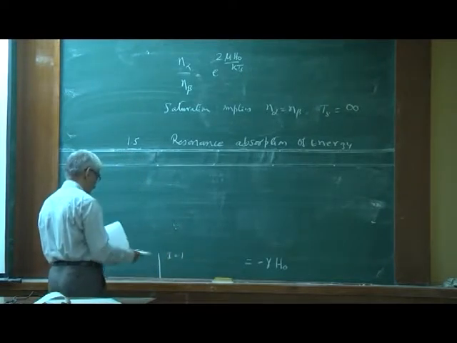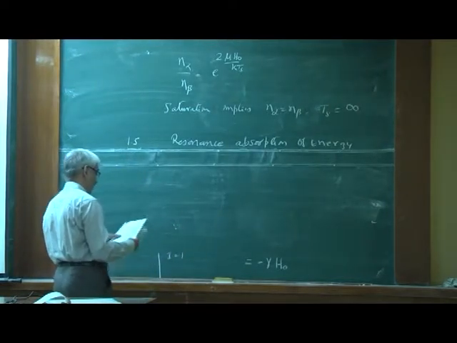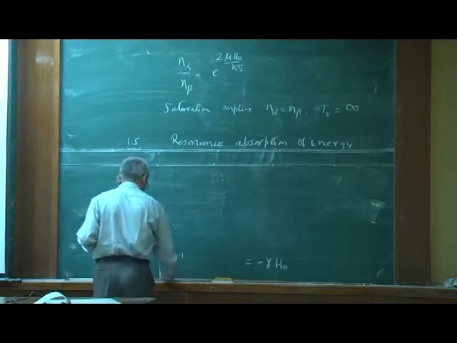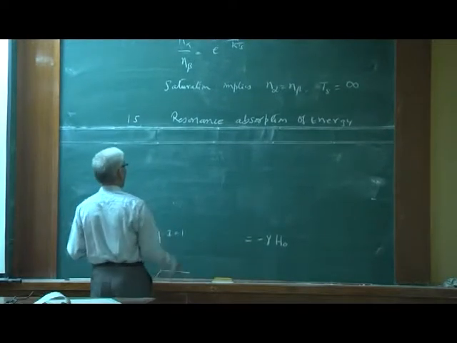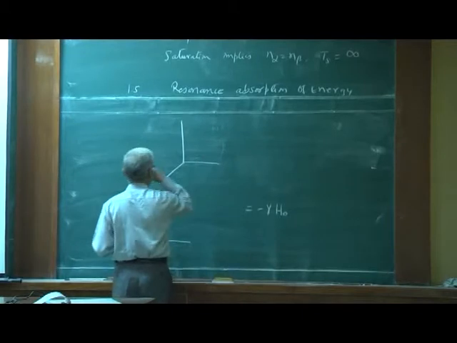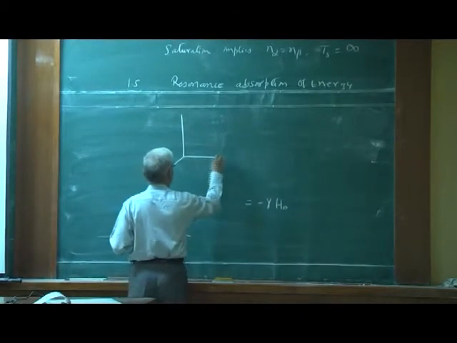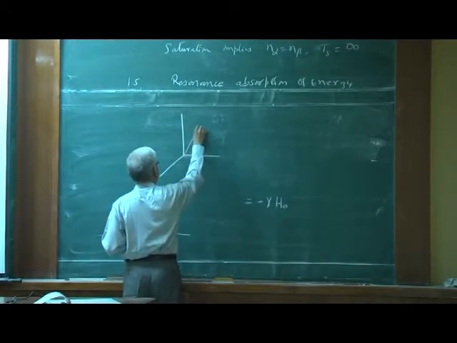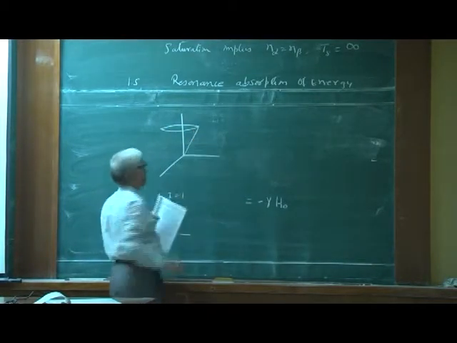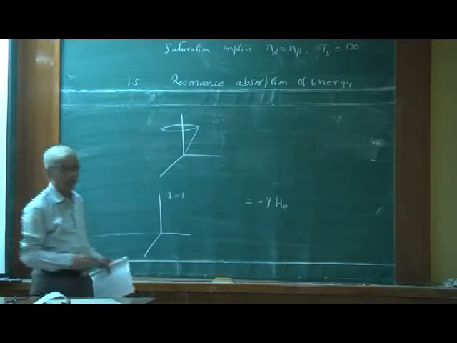So let's look at it in a classical picture to begin with. Let us consider the following situation. I have the magnetic moment spinning, precessing in this way.